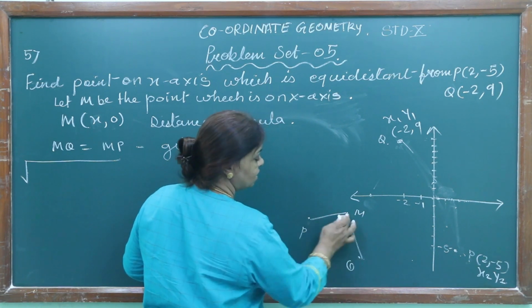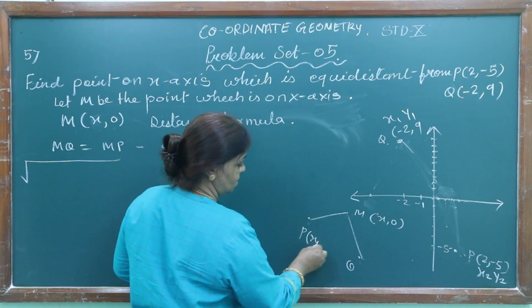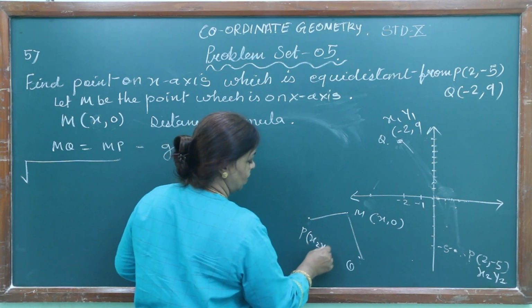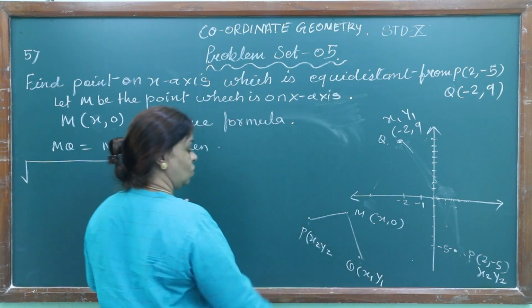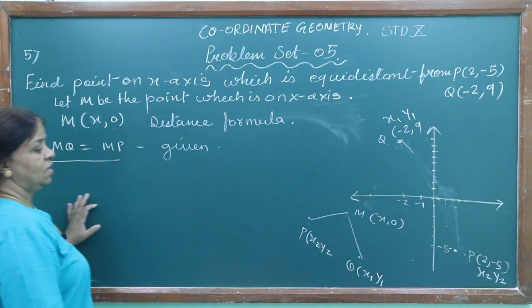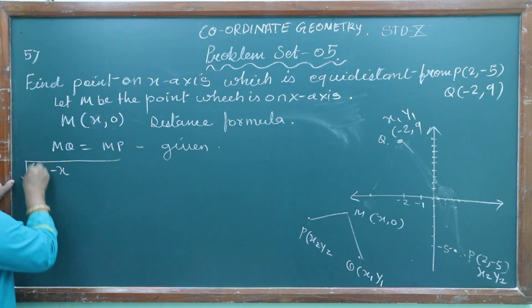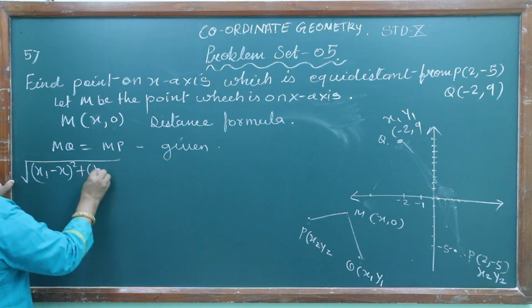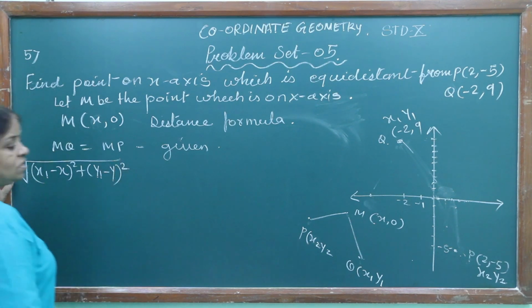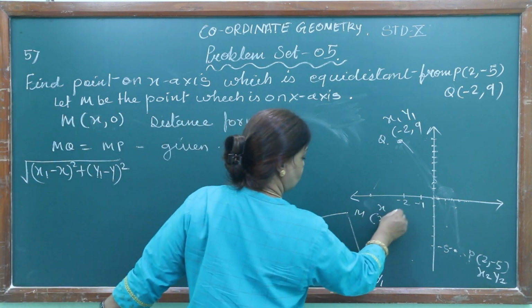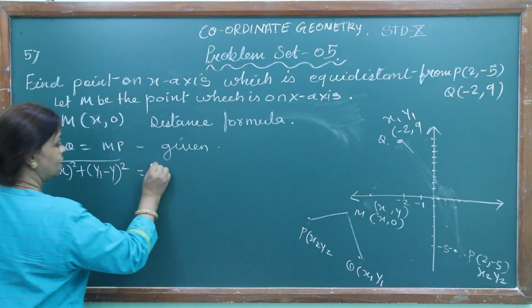MP is equal to MQ, M is x comma 0, this is x2 y2, and this is x1 y1. So what would be the MQ distance? MQ would be the square root of x1 minus x the whole square plus y1 minus y the whole square, because these points I am taking as x comma y, M, is equal to MP.